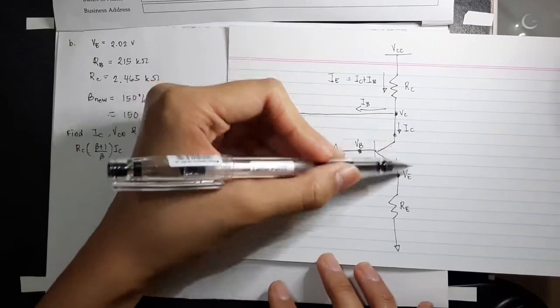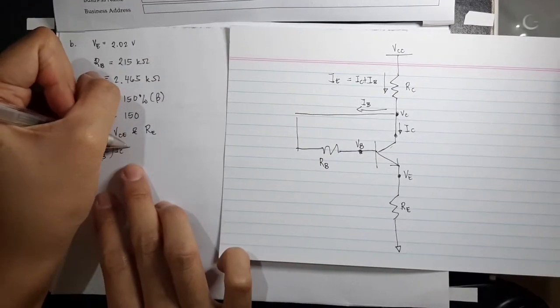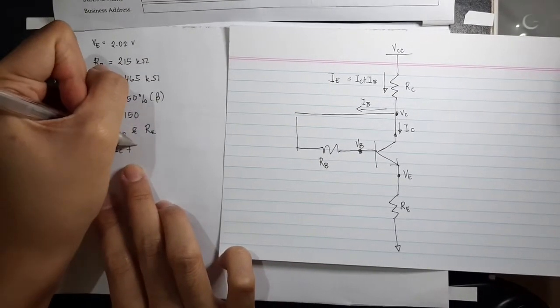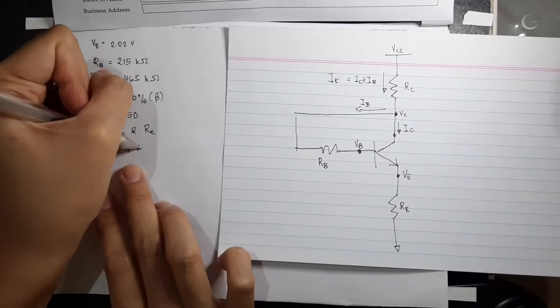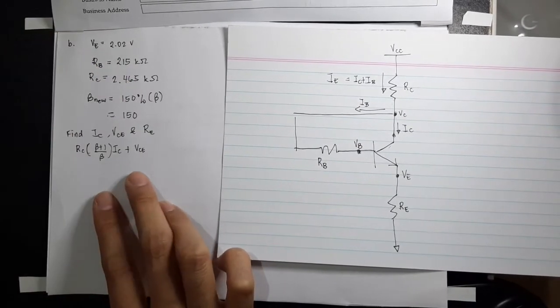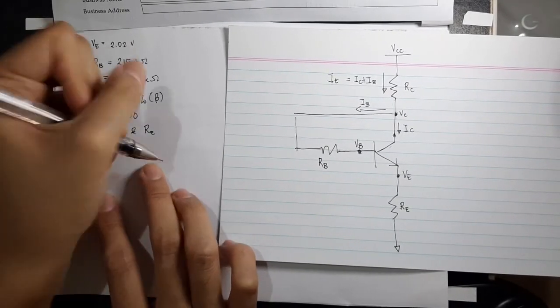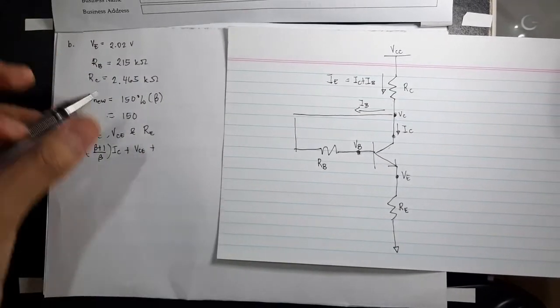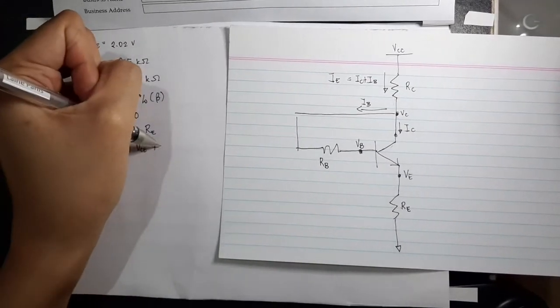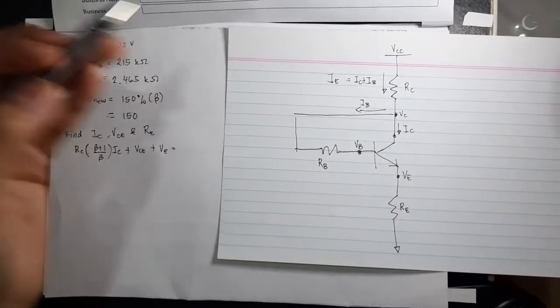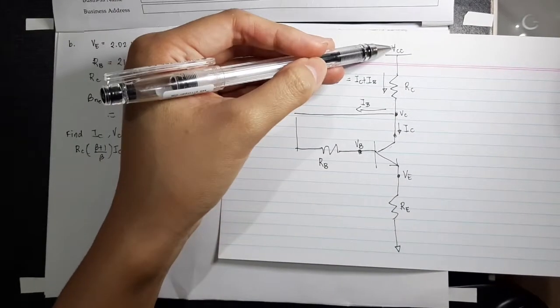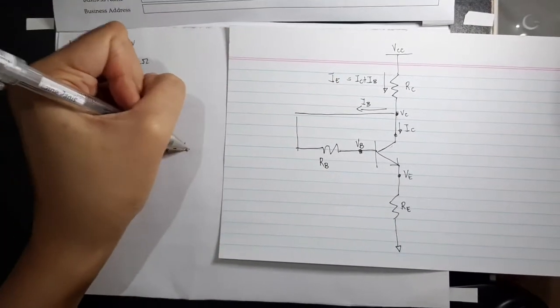Voltage here plus voltage VCE plus the VE value from the previous item. The summation of these voltages is equal to VCC.